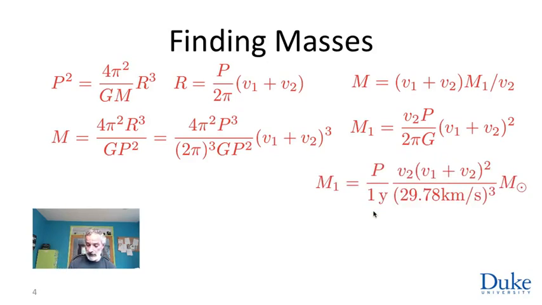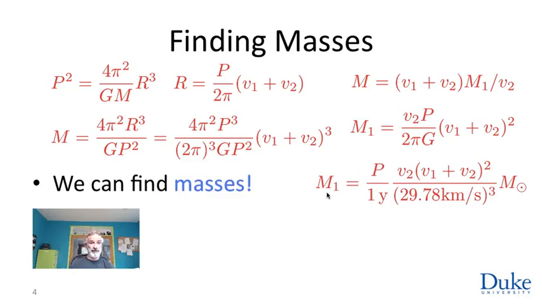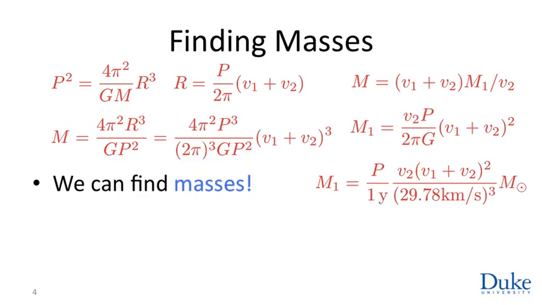Since I know the speed of Earth in its orbit is 29.78 kilometers per second, I can get the mass of each star in units of the solar mass this way, and so we can find masses. Spectroscopic binaries or other binary stars are a way to measure masses. This is why it's so useful.